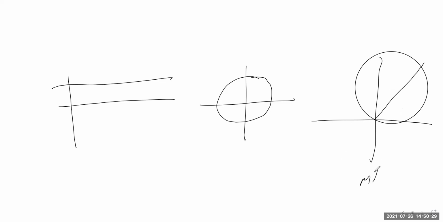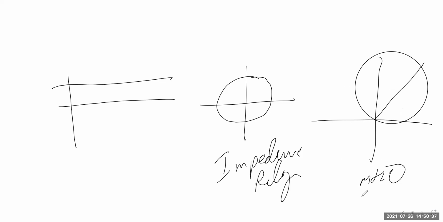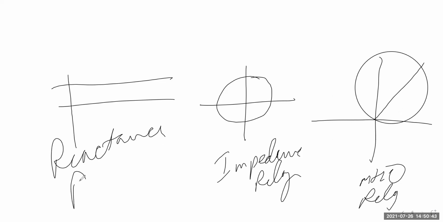That is your mho, this is your impedance relay, and this is your reactance. It is used only for reactance, not for resistance.